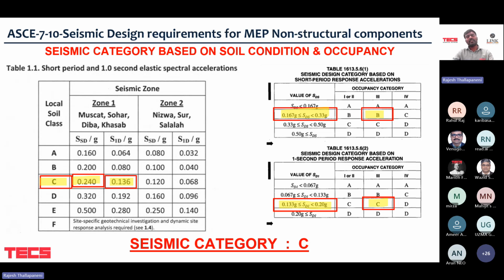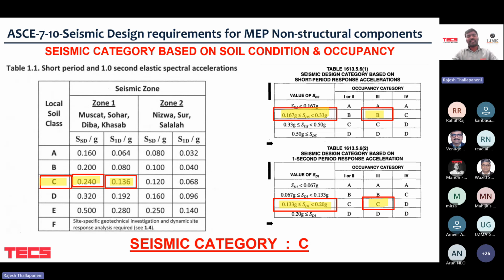This is the primary aspect that defines what kind of restraints, or what level of seismic design, we need to carry out for that particular building; it purely depends on the seismic category. I'll give you a short example: if it's a hospital building and it falls in seismic category A, most of the seismic supports can be avoided.